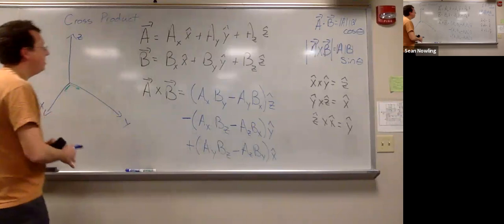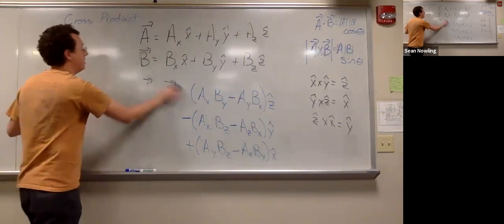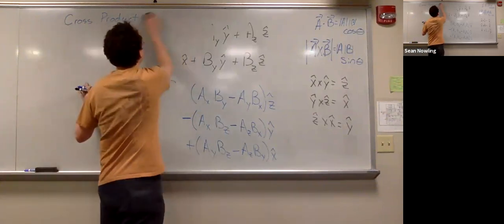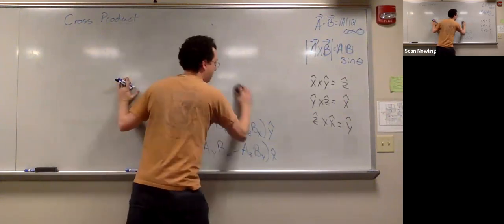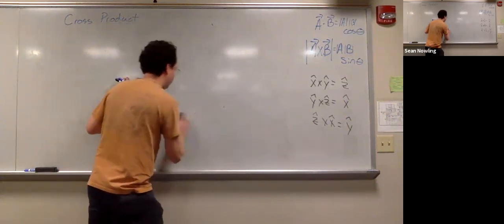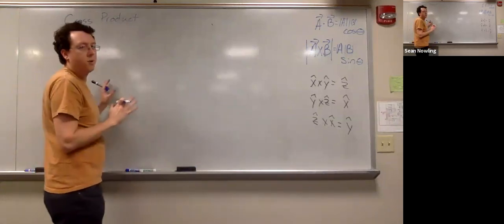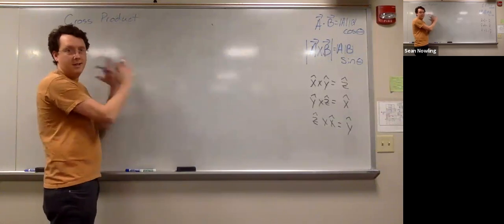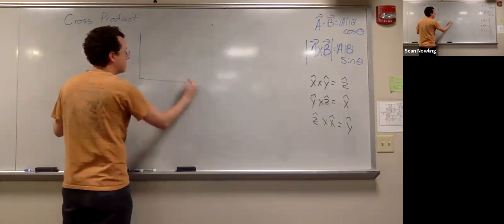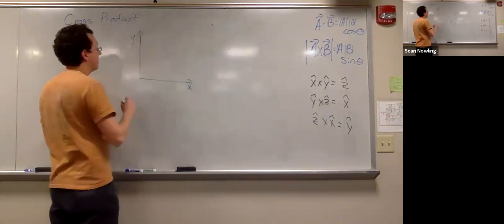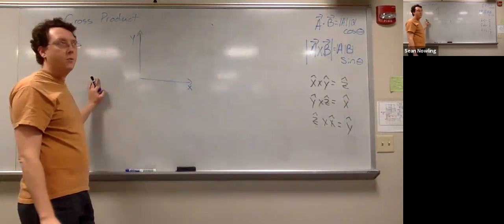Because we haven't had too many problems in 3D, I want just a bit of notation. The first time I saw it as a student, I didn't know what I was looking at. Just a comment: all of our problems basically live in the plane, so we'll have X and Y. So here's X, here's Y. If that's X and that's Y, think for a second, where is Z?